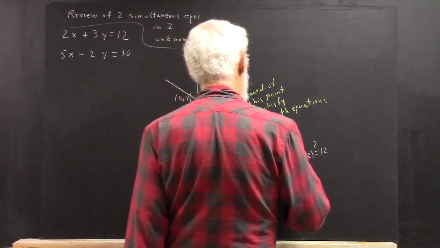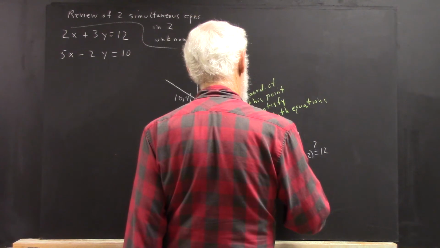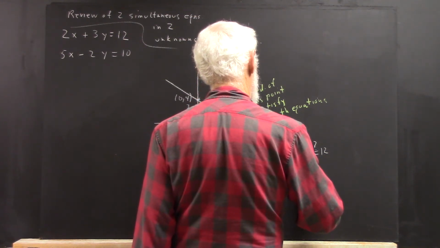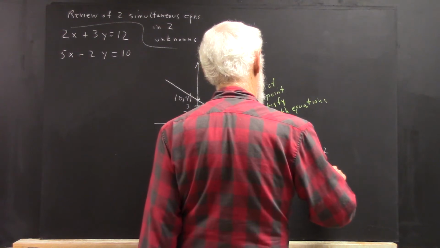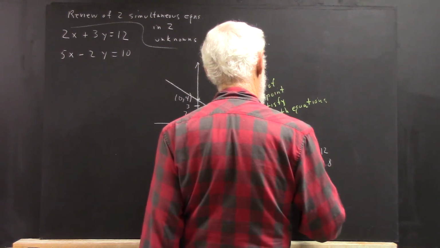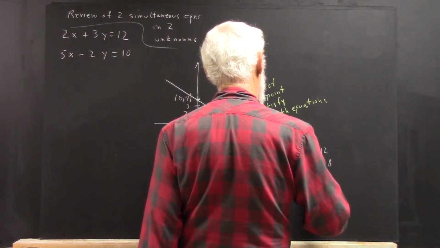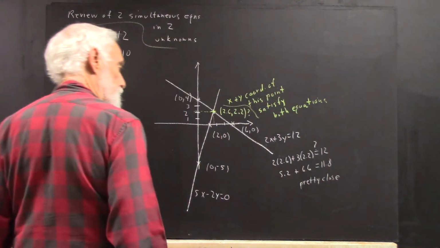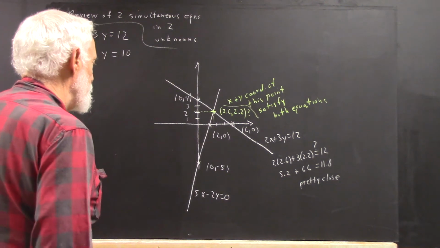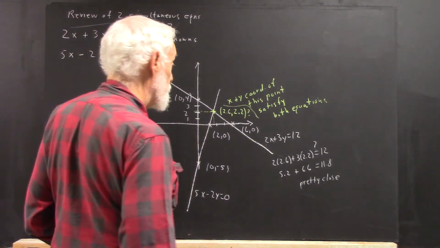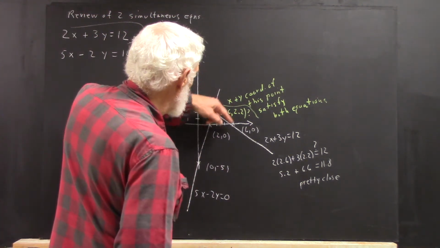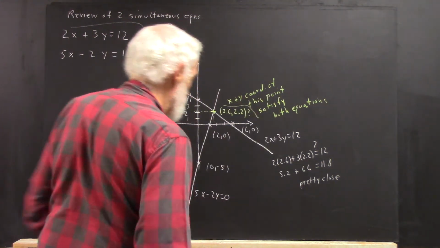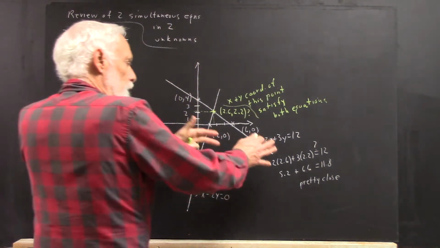Well, 2 times 2.6 is 5.2, and 3 times 2.2 is 6.6, and that's 11.8. That's pretty close. Closer than we had any right to expect. And if I'd have hit this point right, both of these coordinates would have been a little bit bigger, but we might have overshot the 12. So we'll take the 11.8.